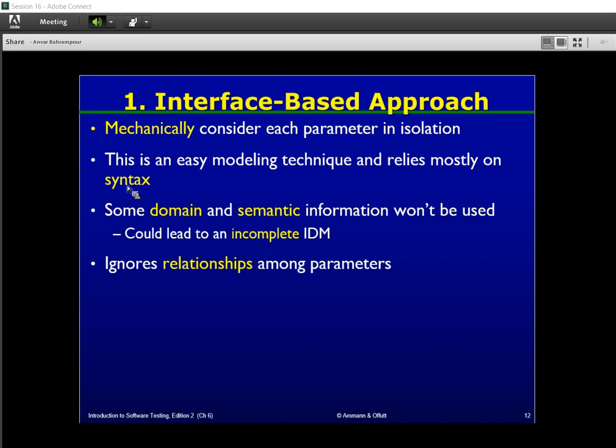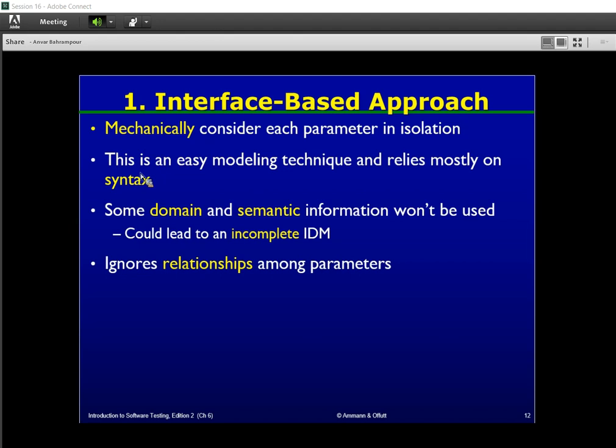We just treat mechanically this syntax, this definition of our methods. Some domain and semantic information won't be used in this approach. There is no need for knowledge about the semantics of our parameters or the domain of the program.